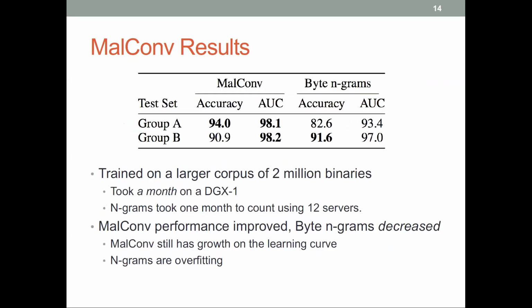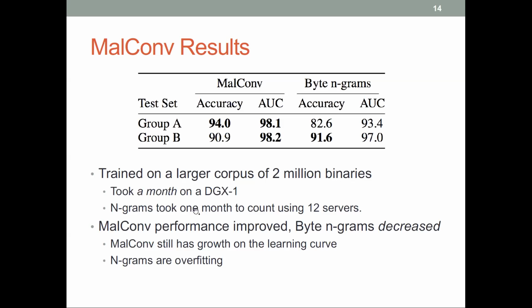Now, when they train on the larger corpus of 2 million binaries, instead of 400,000 binaries, they increase the size of the data set. First of all, they note that it took them about a month to train it on a DGX-1 server. DGX-1 used to be a very powerful server used for educational institutions.